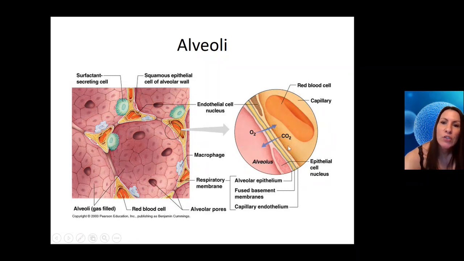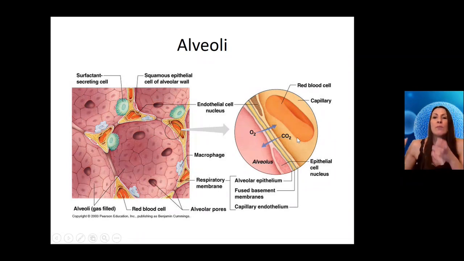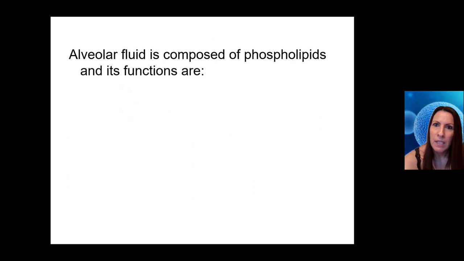So carbon dioxide will naturally move from a high concentration inside the blood capillaries to a low concentration in the alveoli of the lungs, and then it will be breathed out into the atmosphere when we exhale. So oxygen and carbon dioxide are moving in opposite directions.